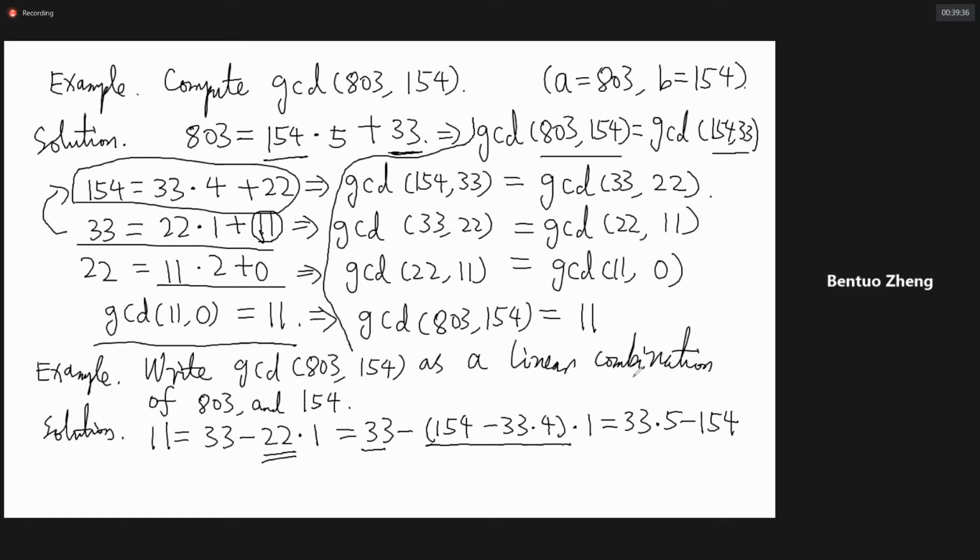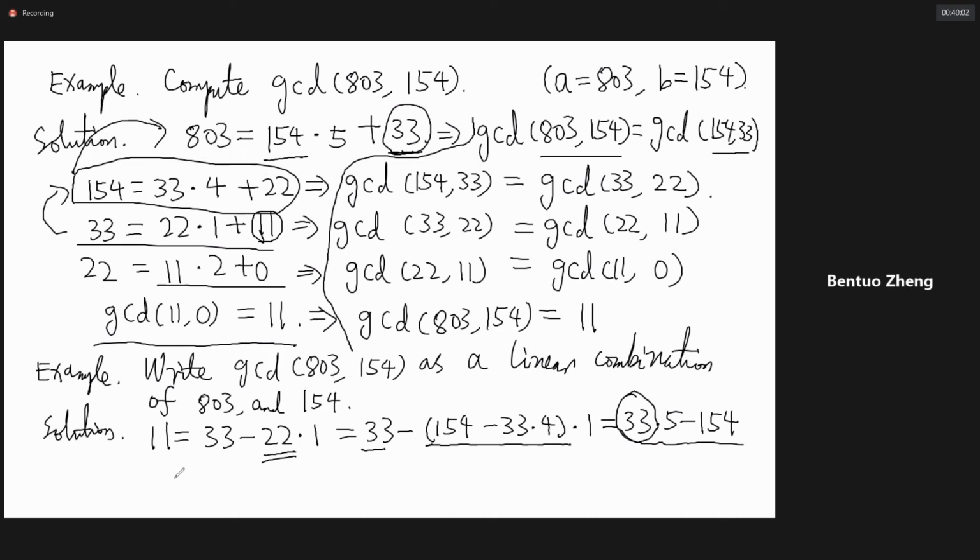Now you need to go one step up. So this time you go from here to here. Now 33 is the remainder. So in this representation, you are going to replace 33 by a linear combination of 803 and 154.